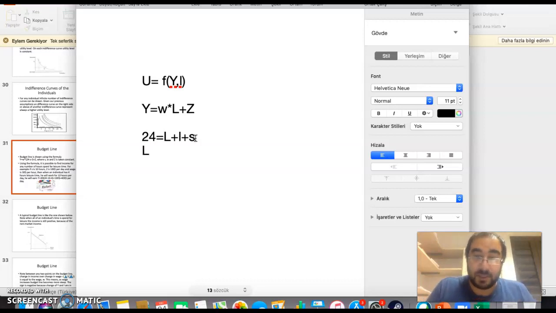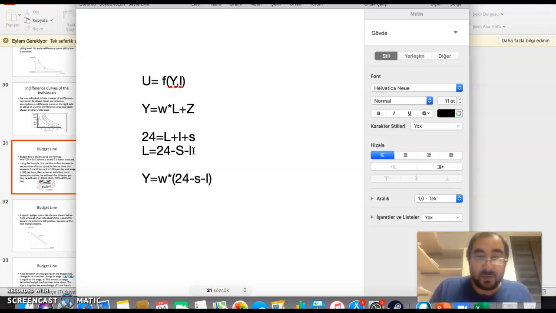So our labor time is equal to 24 hours minus S minus leisure. So basically our Y is equal to W times (24 minus S minus L).